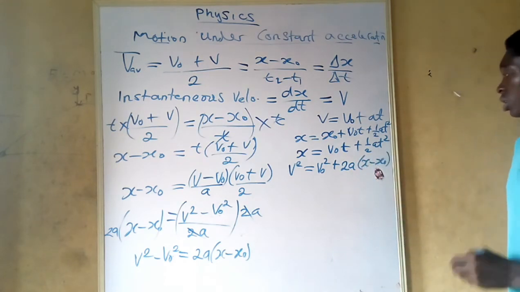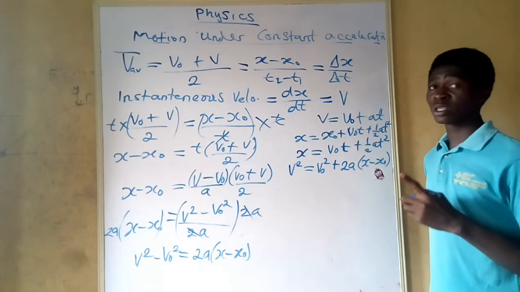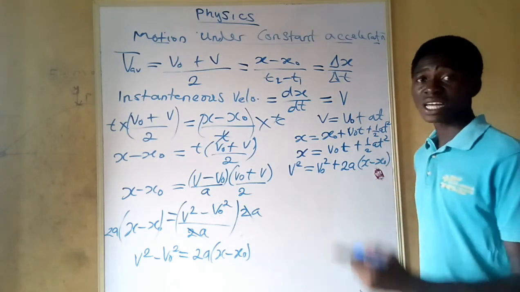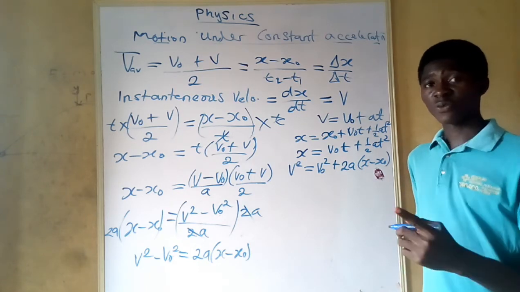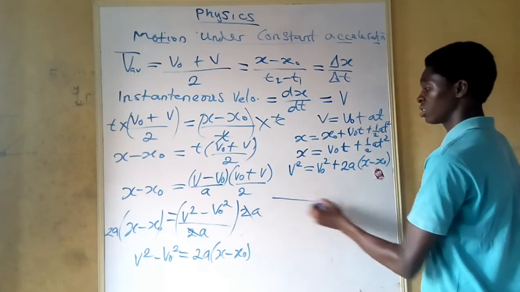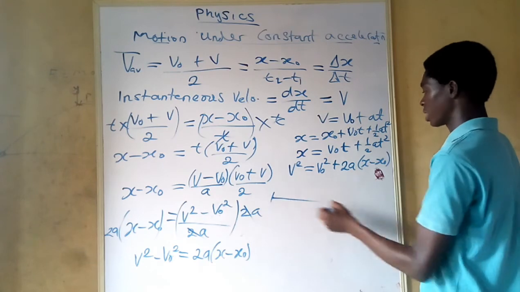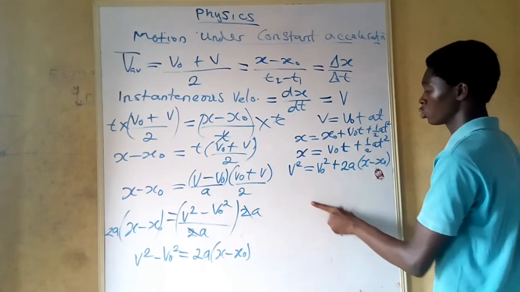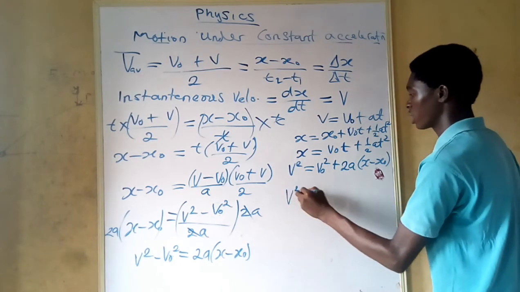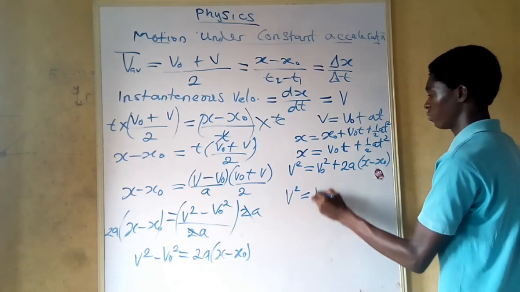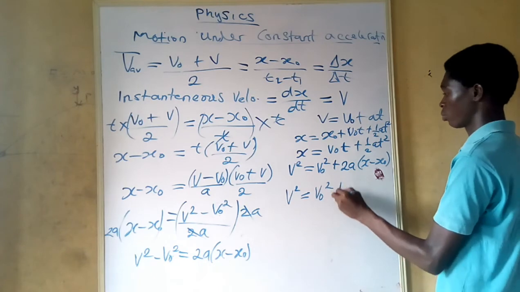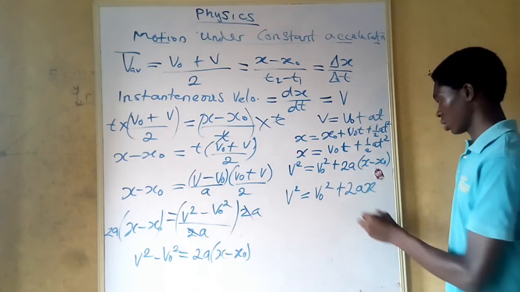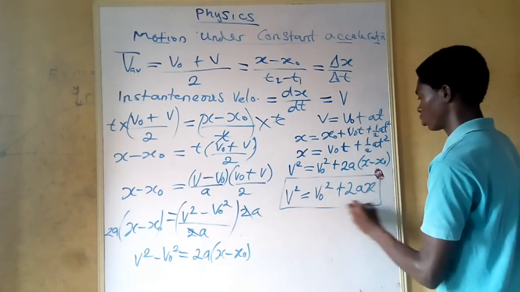Now if the object started from the reference point, if it started from here, that means x naught is 0. So this equation is going to reduce to V squared equals V naught squared plus 2ax, and that is a very important equation of motion.